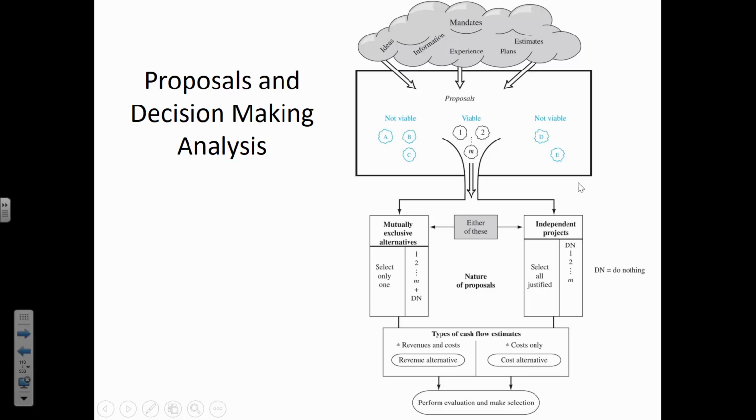On the other hand, there can be independent projects where any of those options, and potentially all of them, could be accepted as long as they're all economically profitable. And so you have to sort among these two different kinds. In other words, you have to understand: are we just going to pick the best one, or are we going to choose everything that meets a certain criteria?